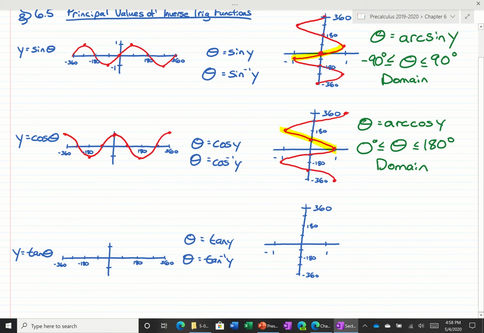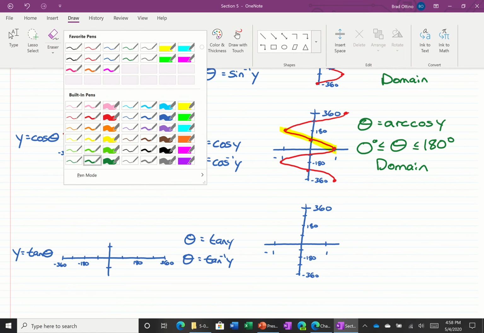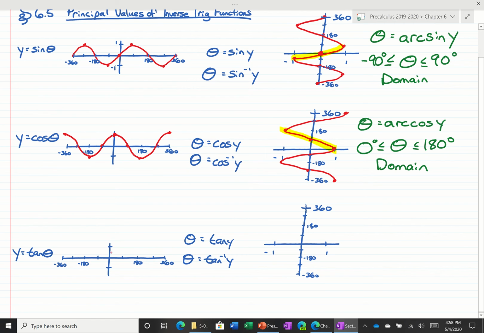We'll do the same thing with tangent. We know we have asymptotes at negative 90 and 90, and every 180 degrees later. And in between we have a cubic function. If you're not sure where these are coming from, you could watch a previous lesson for graphing trig functions.